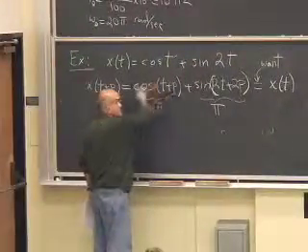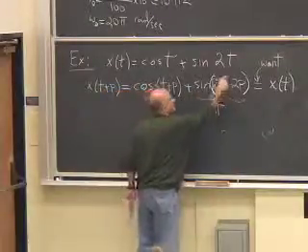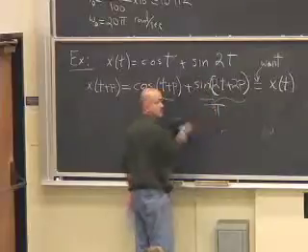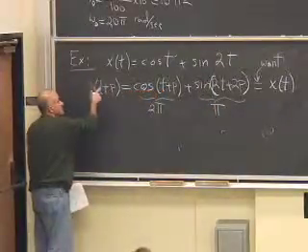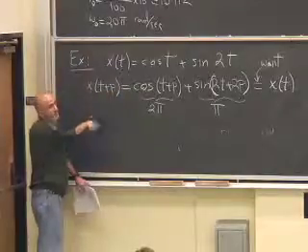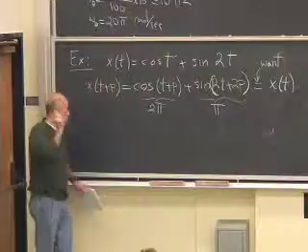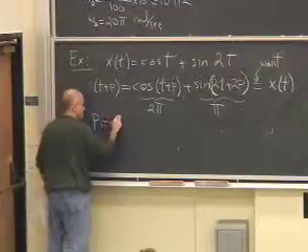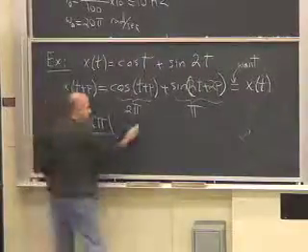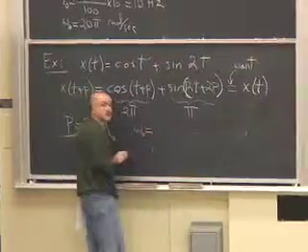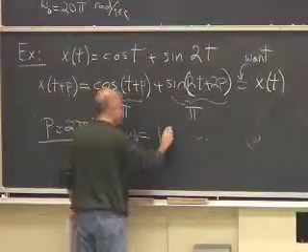For this to return to what it was, you needed 2 pi. For this to be equal to sine 2t, you need a pi. So what number can you give me that allows x of t plus p as a whole to be equal to x of t? 2 pi. So this signal is periodic with period 2 pi. Its fundamental frequency is? 1 radian per second.